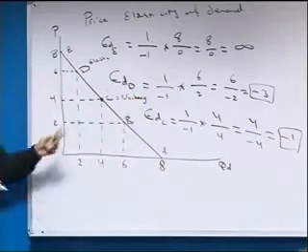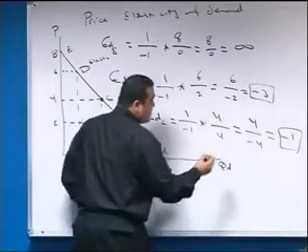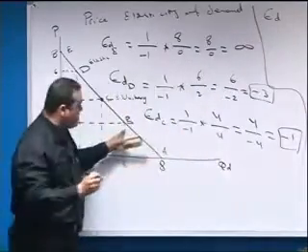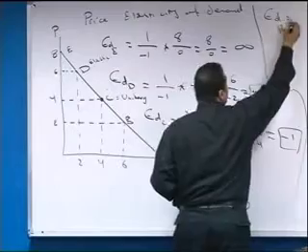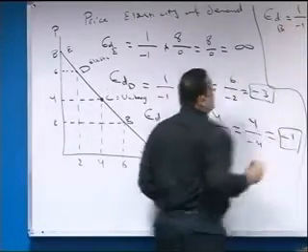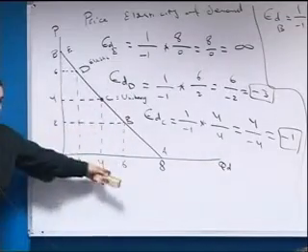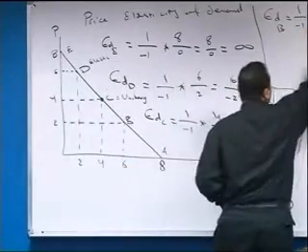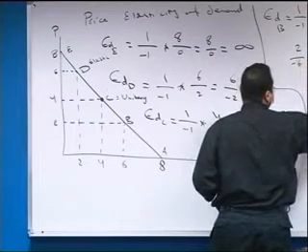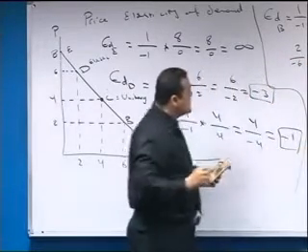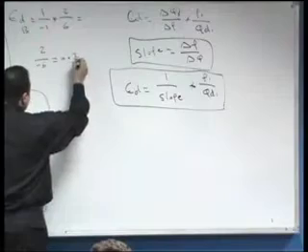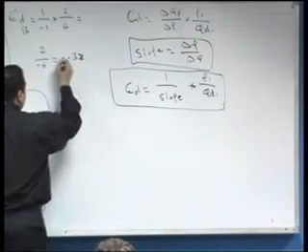At point B, the elasticity of demand equals 1 over minus 1 times the price, 2, over 6. That is 2 over minus 6, which equals minus 0.33.